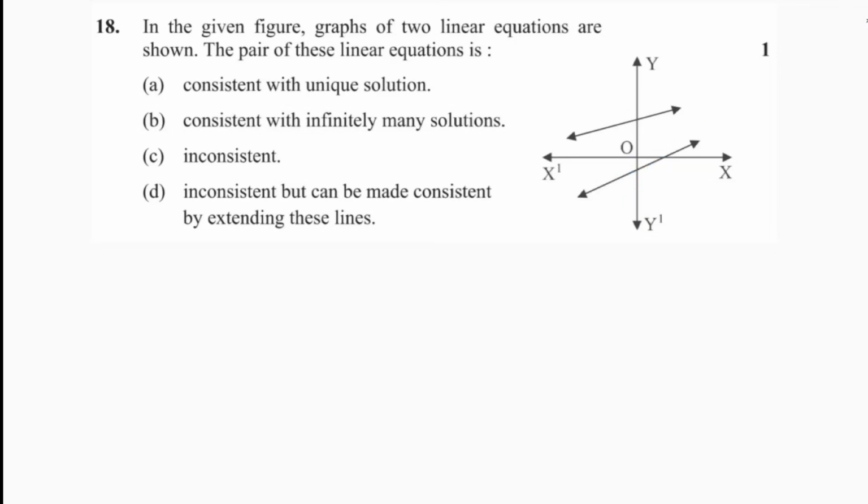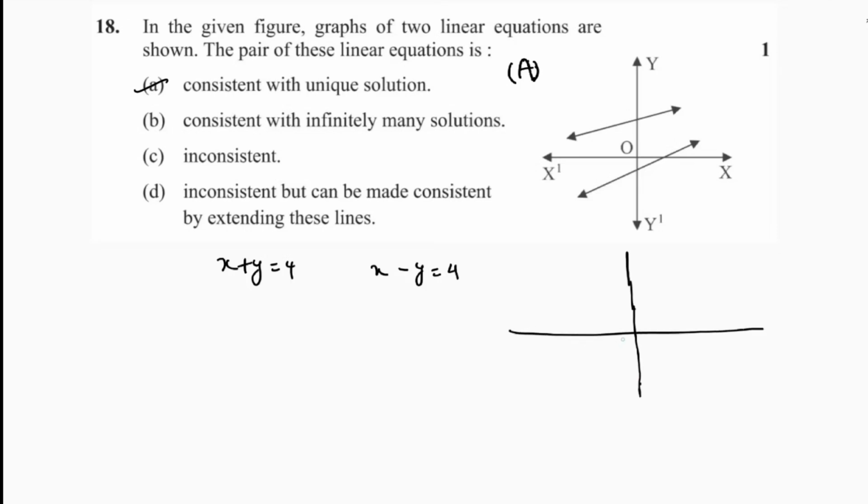So the correct option is A. Let me give an example. Suppose a question is asked, for example, x plus y equals 4 and x minus y equals 4. If you draw the lines, zero here, 1, 2, 3, 4, 1, 2, 3, 4.